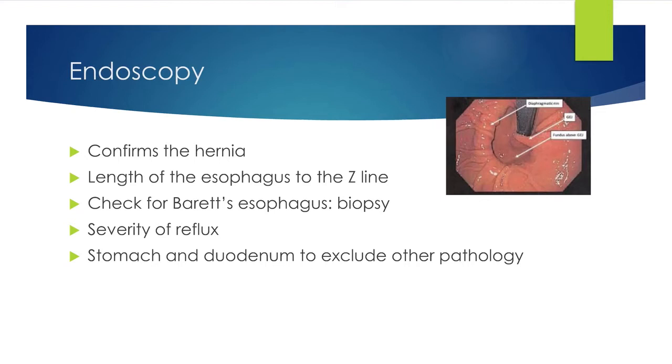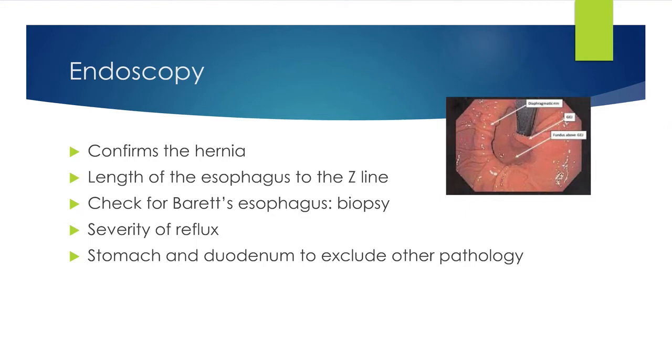And you could see here are the crura. This is where the diaphragmatic hiatus is. And we go below the stomach and the gastroesophageal junction, fundus of the stomach and the gastroesophageal junction above the hiatus. So that's how it appears on endoscopy. So we can confirm the hernia.